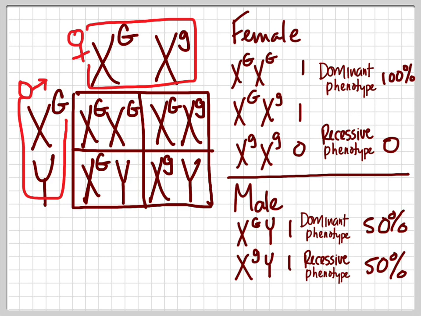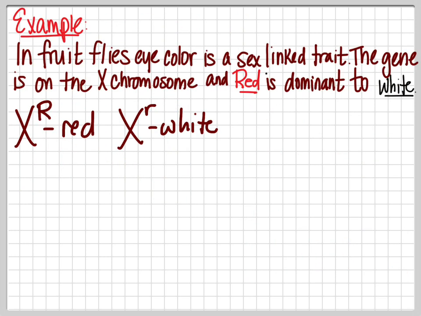Let's try one sample problem together, and this is actually from your worksheet, and then you can go do your practice on your own. In fruit flies, eye color is a sex-linked trait, and the gene is on the X chromosome. Red is dominant to white, so we would show these as X^R for a red-eyed gene, X^r for a white-eyed gene.